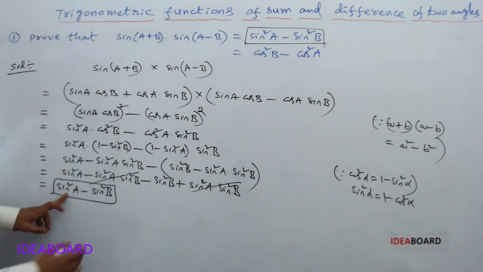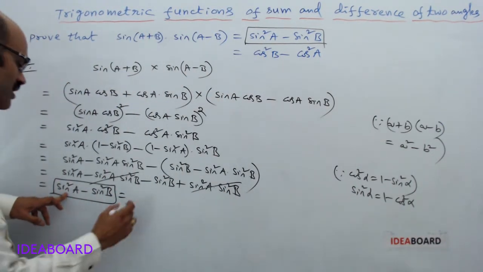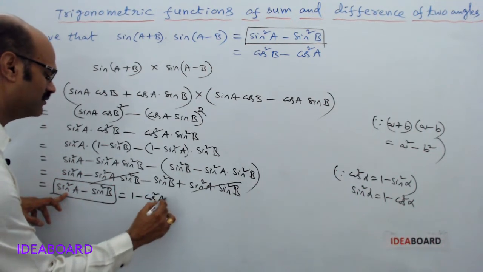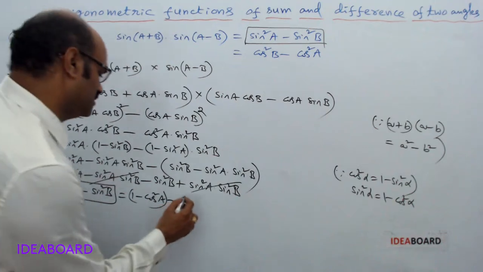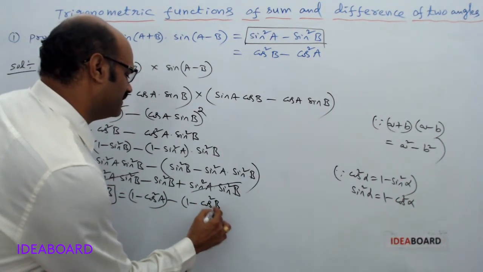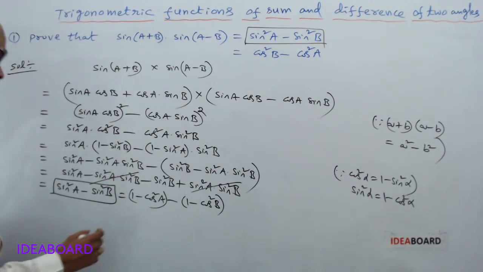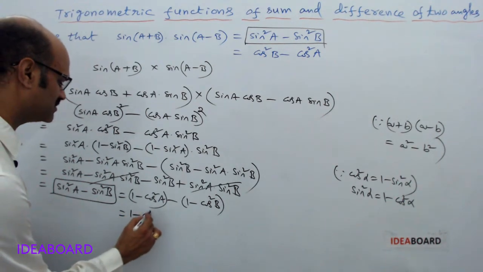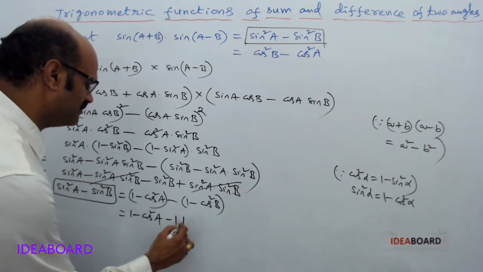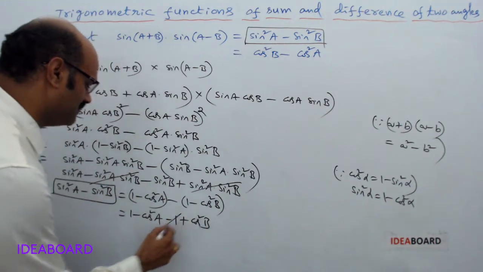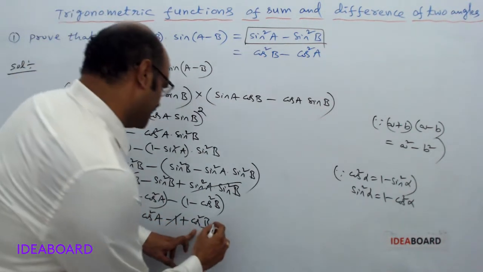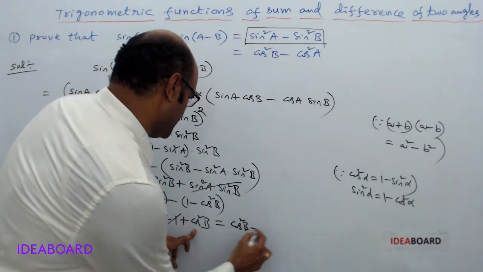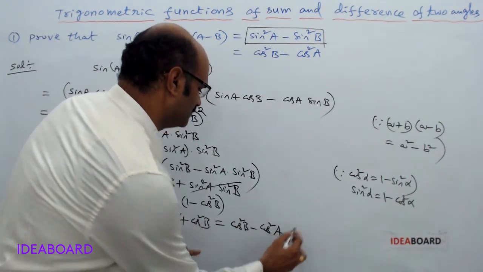So this can be taken as 1 minus cos² A, minus of sin² B, which is 1 minus cos² B, equal to 1 minus cos² A minus 1 plus cos² B. Minus 1 plus 1 becomes 0, so we are getting cos² B minus cos² A.